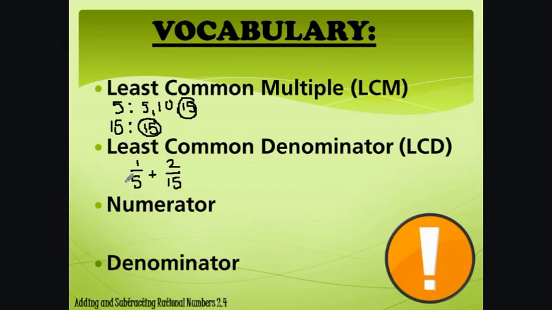What we would need to do is find the least common denominator of both values. We did it up here, but instead we're applying it to a rational number or fraction. And we need to make sure that we're using the mathematical terminology of numerator and denominator. In a fraction, the top value is the numerator and the bottom value is the denominator.